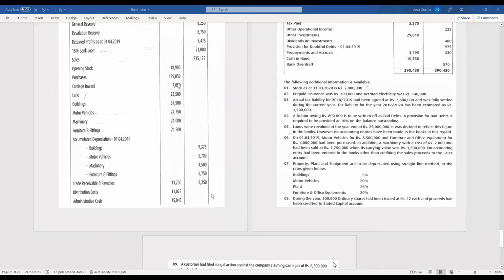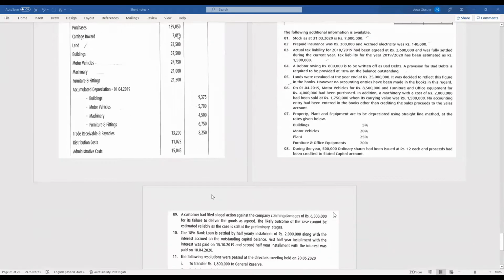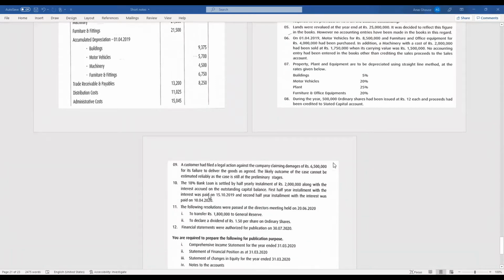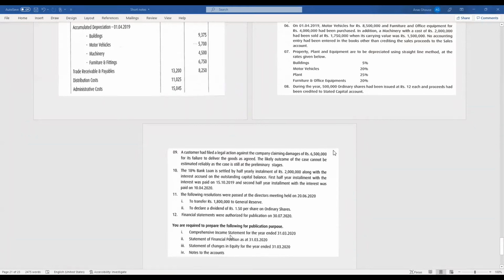Soon after that, I prepare the necessary formats, such as the comprehensive income statement, financial position, changes in equity and notes to the financial statements. These are the things that first and foremost you need to prepare.